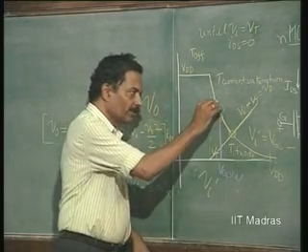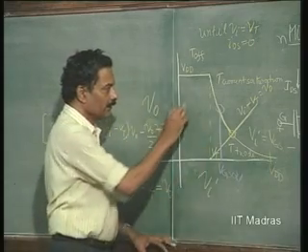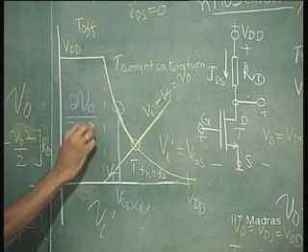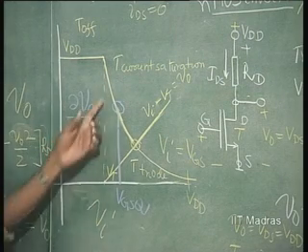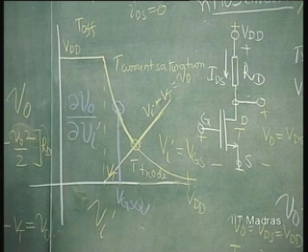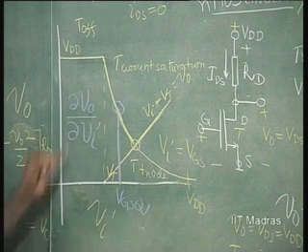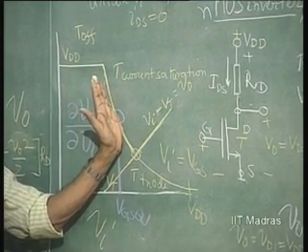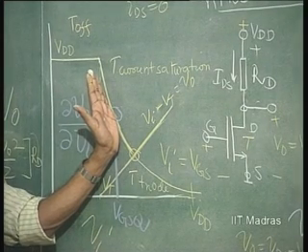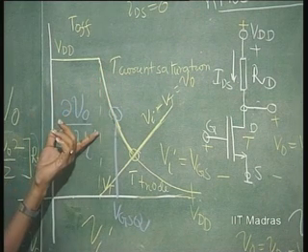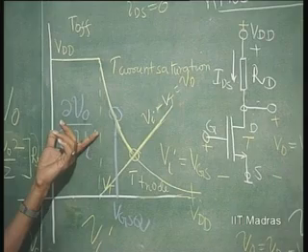Therefore, the slope of this characteristic around this point, which is delta V naught divided by delta Vi, is called the gain of the amplifier. The slope is negative, indicating that this common source amplifier is inverting, giving a phase shift of 180 degrees, and the magnitude of this slope will give you the amplification factor.